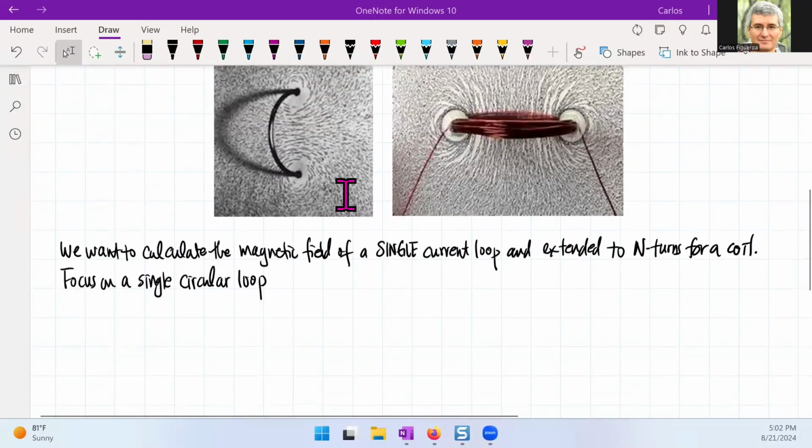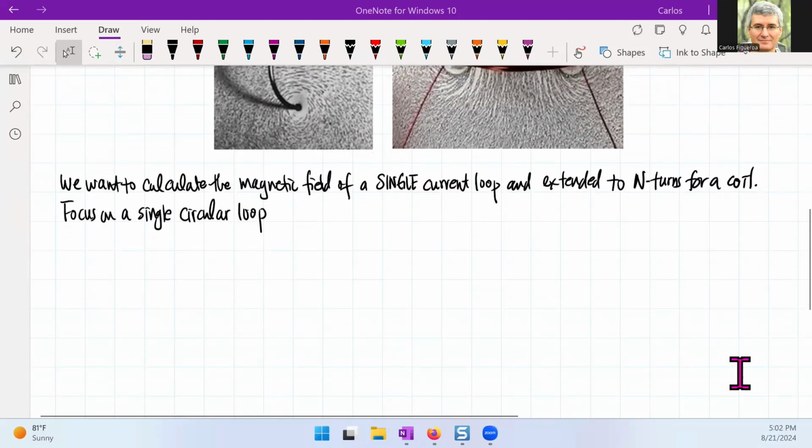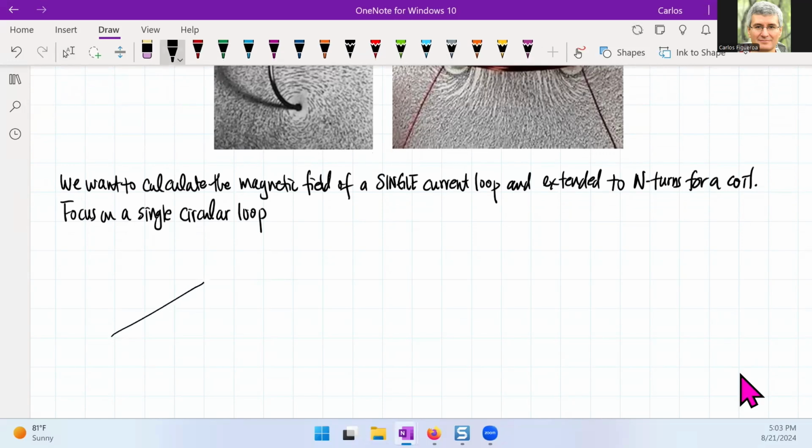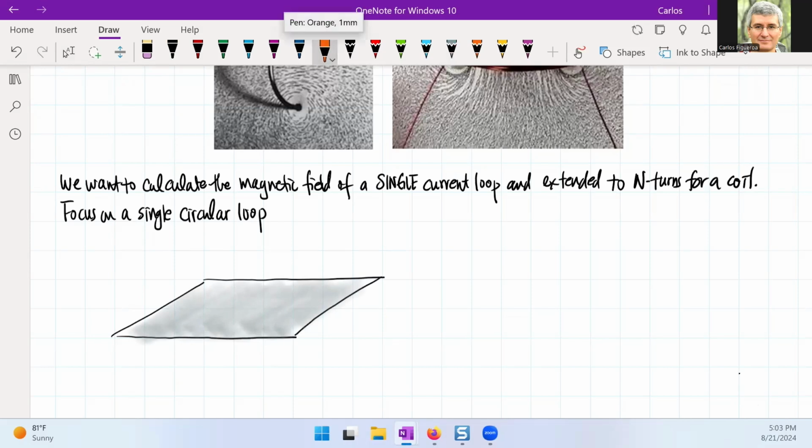Let's look at this guy. What we want to do is recreate this image right here. And I need to sketch on paper to try to get a sense of what we're looking at. So here's our piece of paper. And now I need to draw in a single loop.